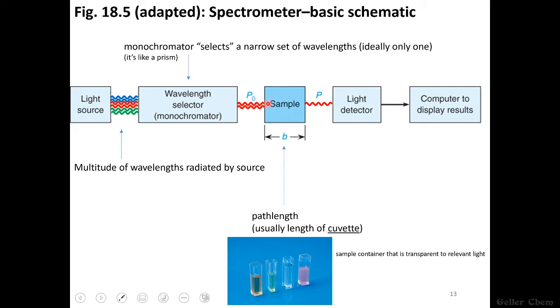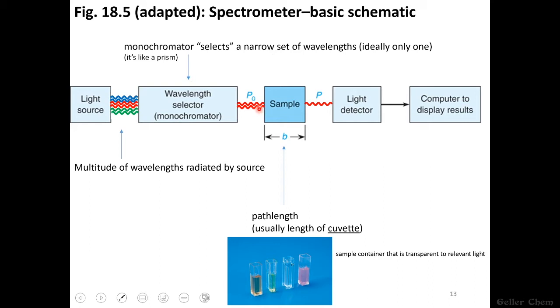The light then travels through some length of sample, and we call that length the path length. It's usually defined by the length of the container that our solution is inside of. In our first experiments we learn about, these containers are called cuvettes, although in other spectroscopies we don't necessarily use them.